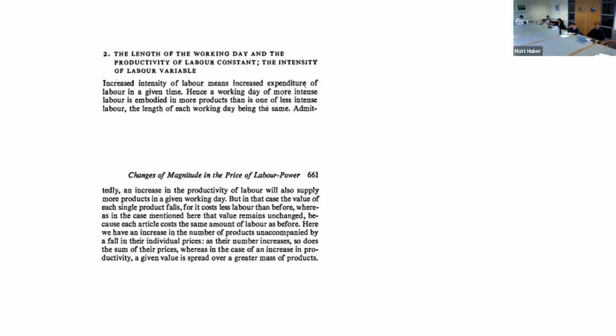Here we have an increase in the number of products accompanied by a fall in their individual prices, and their number increases, so does the sum of their prices, whereas in the case of the increase in the productivity, a given value is spread over the greater mass of products. So I've, again, struggled to understand. I'm lost. Yeah, so what I've tried to do here is to look at it this way.